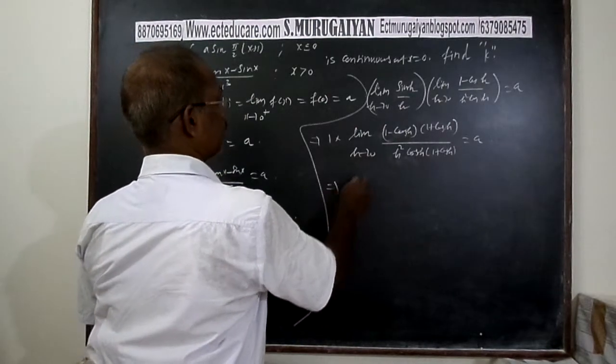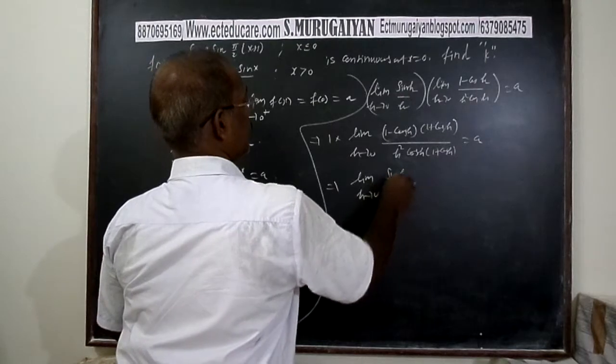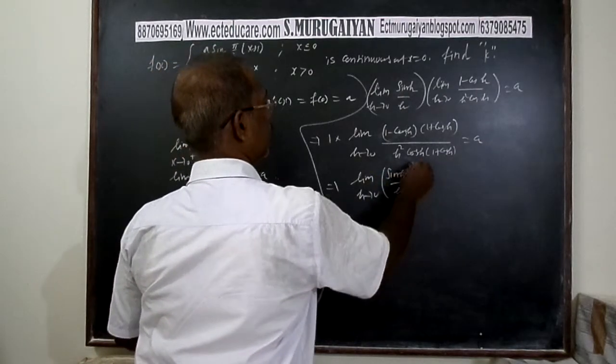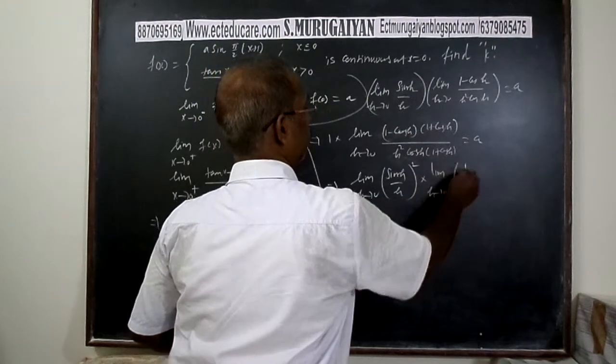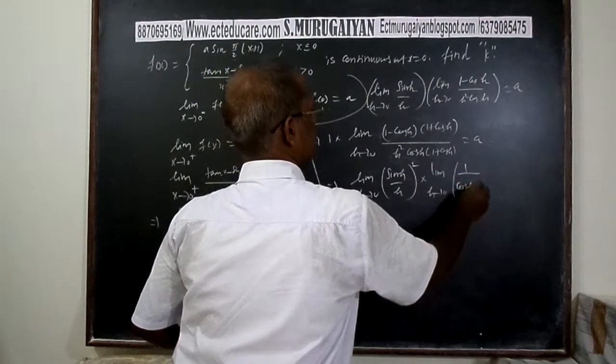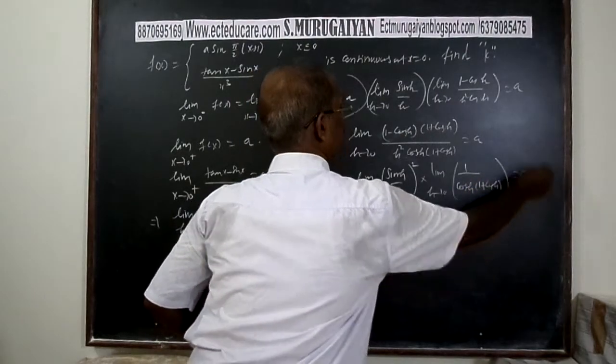So next step, limit h approaches 0 (sin h by h) the whole square into limit h approaches 0 1 upon cos h into (1 plus cos h) equal to A.